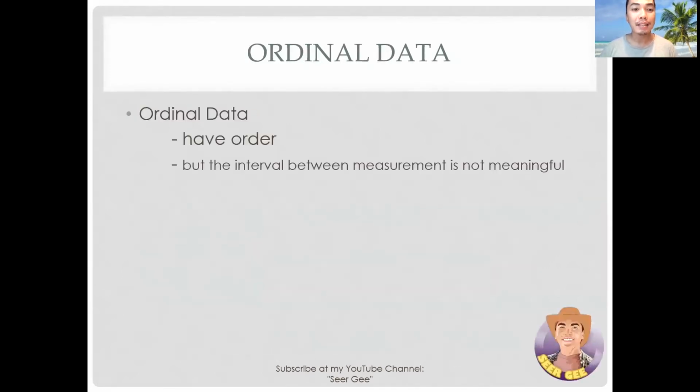Now, let's proceed to ordinal data. Ordinal data have order, but the interval between measurements is not meaningful. This means, class, that ordinal variables allow us researchers to make statements about more or less, stronger or weaker, higher or lower.